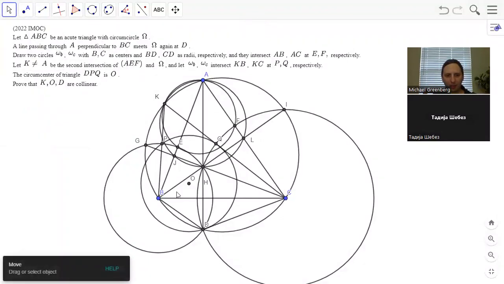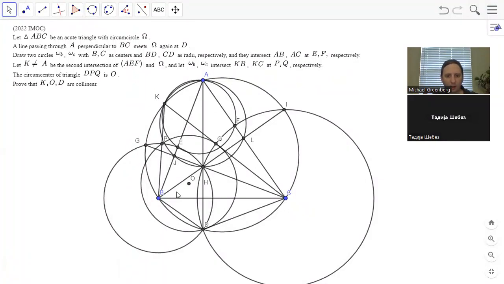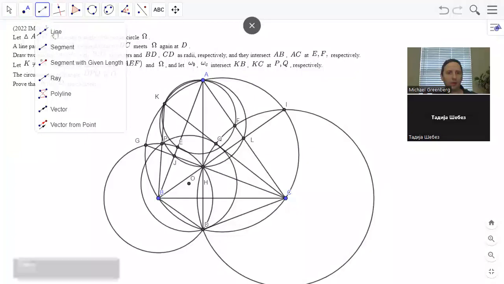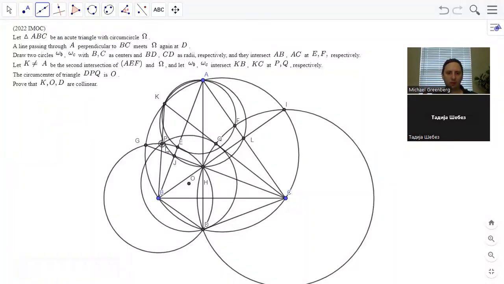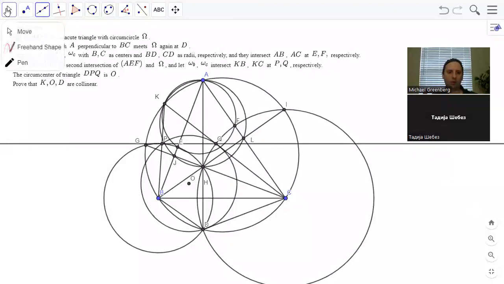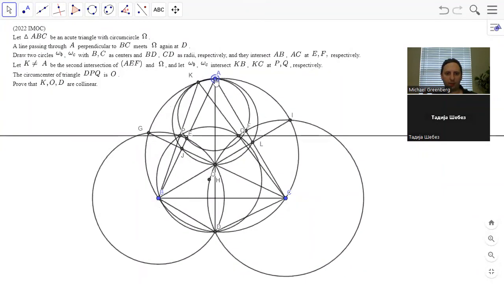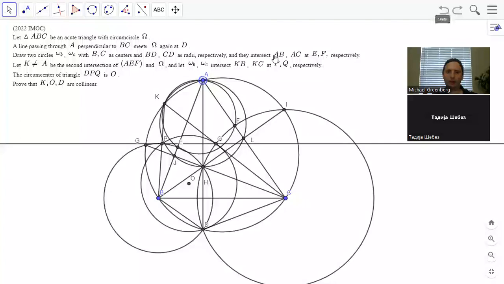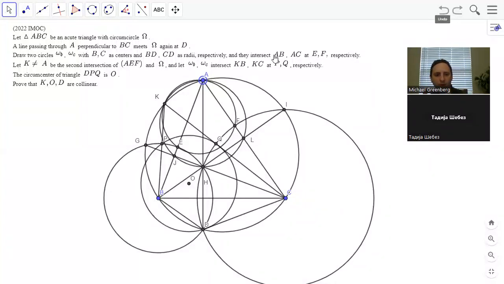Also, I just noticed that PQ looks parallel to BC. PQ looks parallel. Okay. So maybe we could do that with ratios. Like we could try to show KP over KB is KQ over KC.